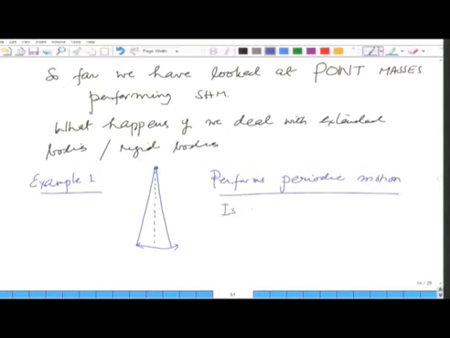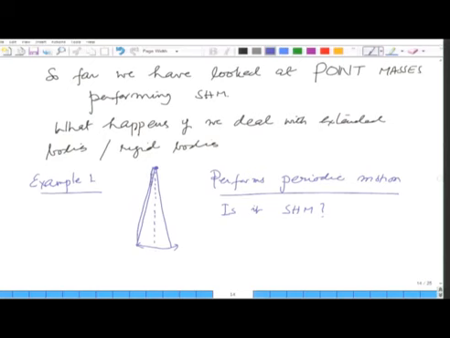Is it simple harmonic motion? That is the question we are asking. And let us see, it is very much similar to the simple pendulum that we discussed, but you have to be careful when you are dealing with rigid bodies. Remember, this whole body is one whole body, right.